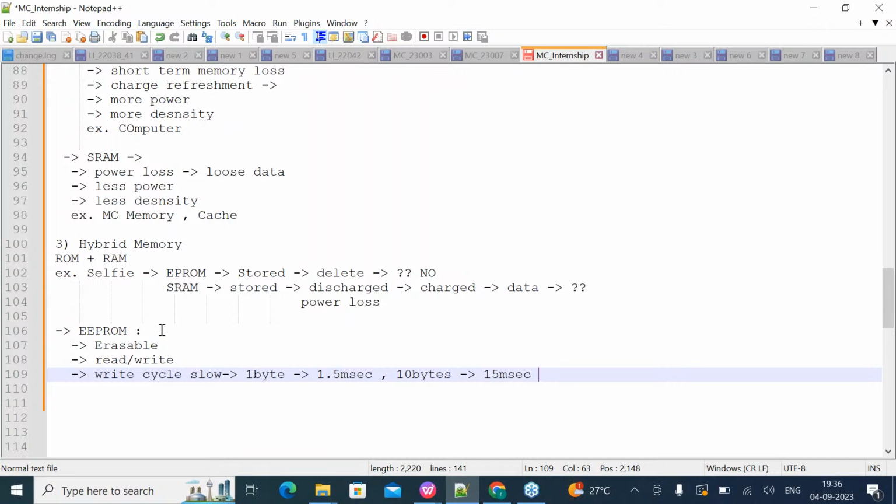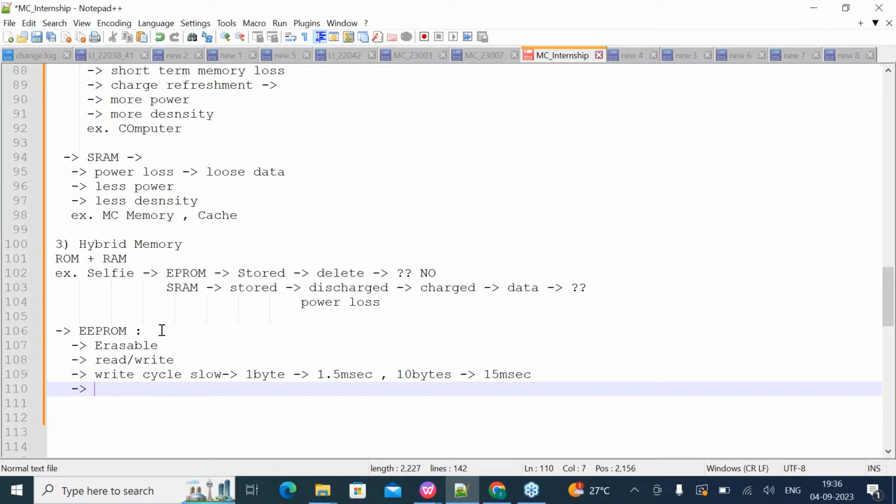So double EEPROM is electrically erasable, programmable, read-only memory. Writing a byte is going to be slow here. Because the write cycle is slow, this memory is used to store a small amount of data.